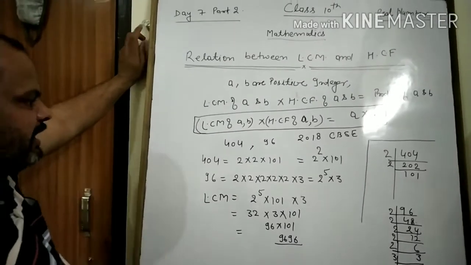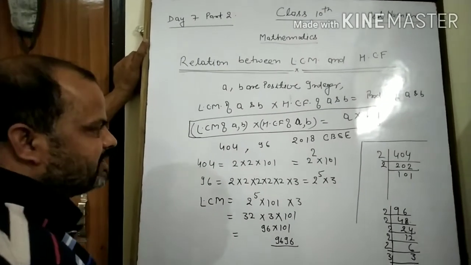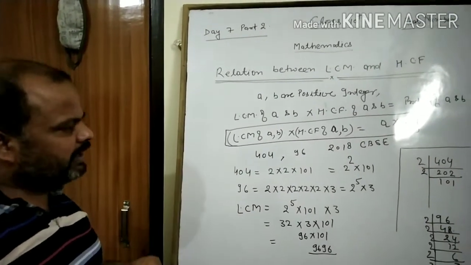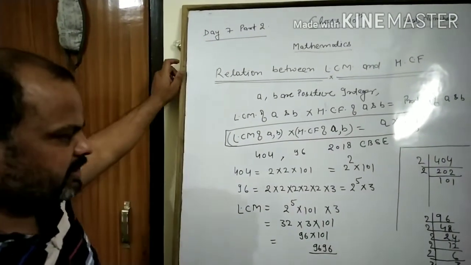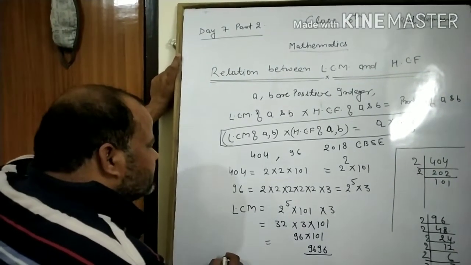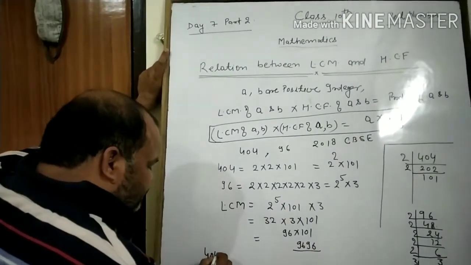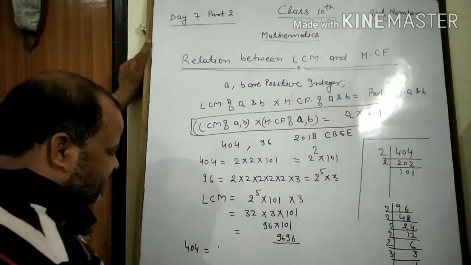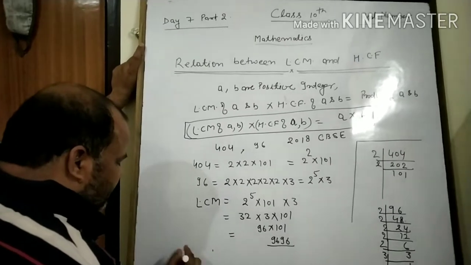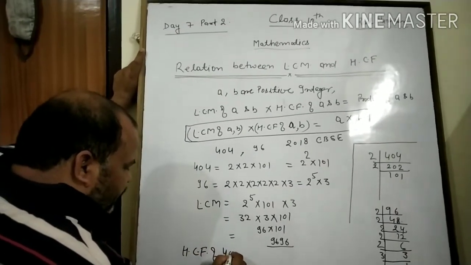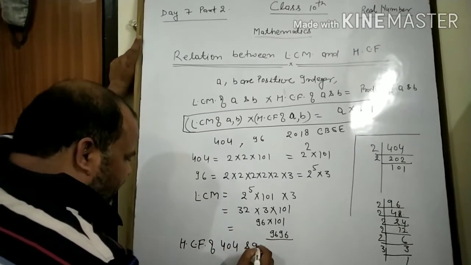Clear? Then after we can find the HCF. Here you can find the HCF with the help of the Euclid division algorithm. Then see, HCF of 404 and 96.